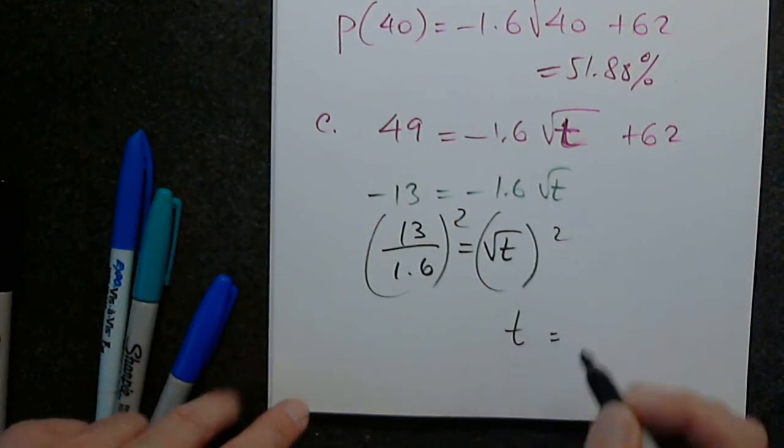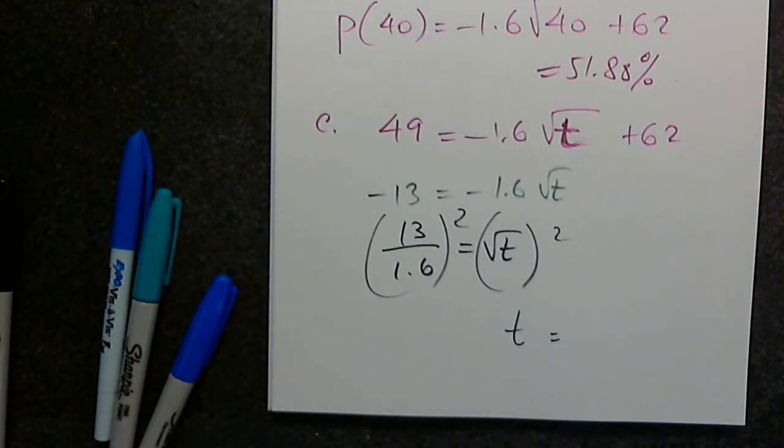So how much is T? I don't know. Parentheses. 13 divided by 1.6. Close the parenthesis. I didn't take my first parenthesis. Sorry. Okay. And now I want to square. 66 years.